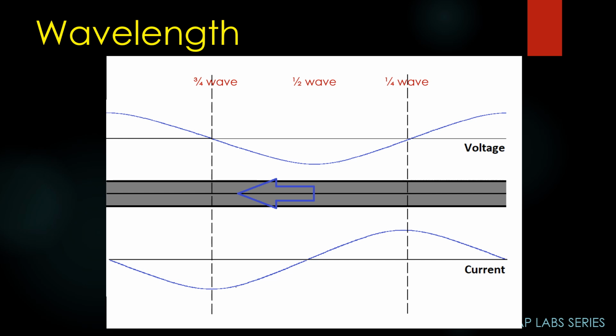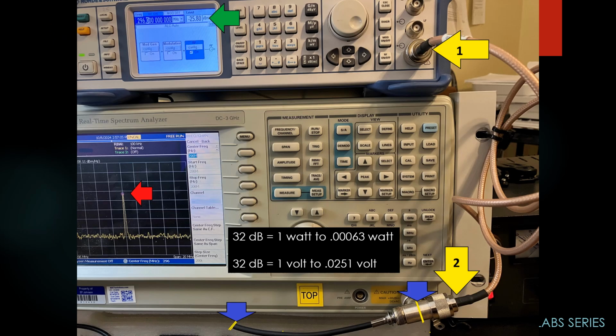So, I told you before that my stub was causing a 32 dB attenuation at the input to the spectrum analyzer. How much is that? Or how little is that? I guess that's what I should ask. Well, it isn't much. 32 dB means if I had a watt, I now have 0.00063 watts.